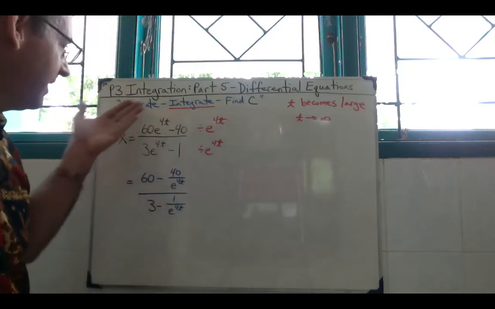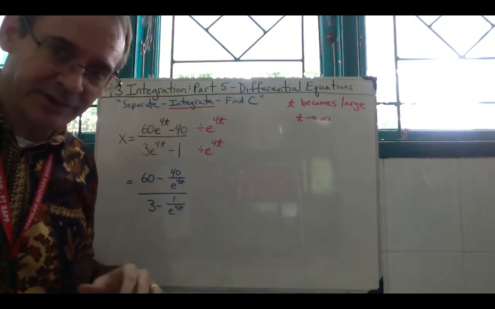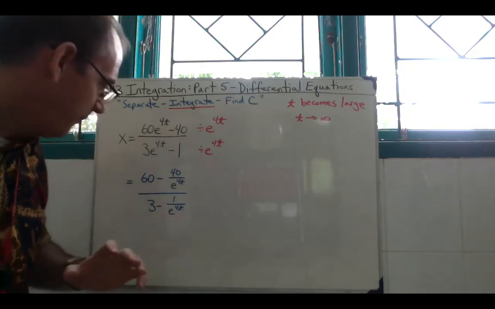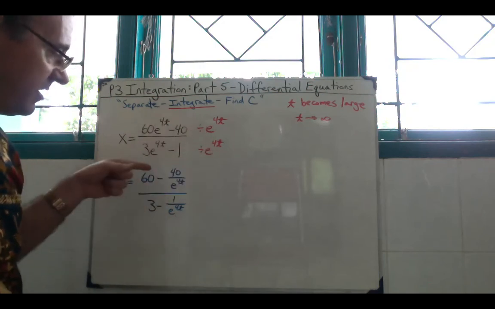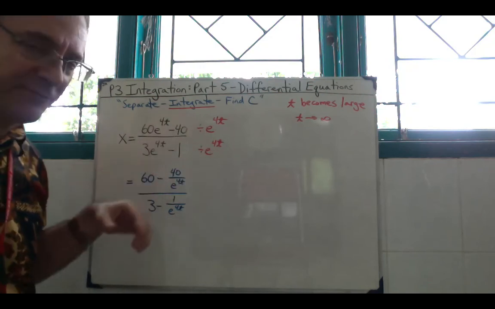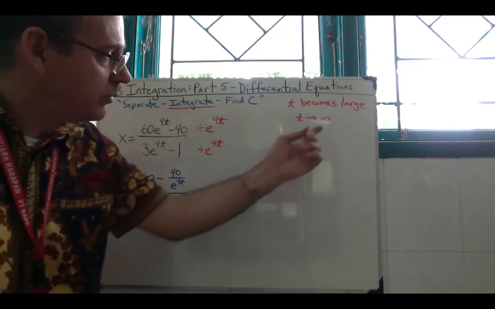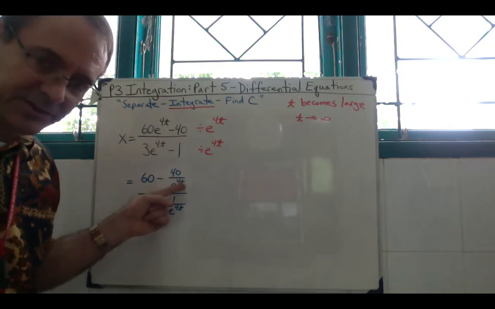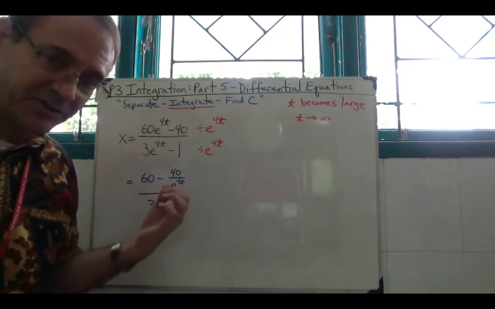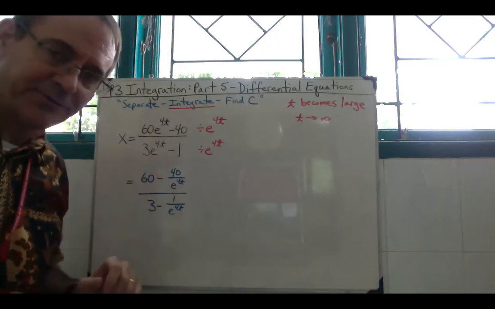When we plugged infinity into the earlier form, we ended up with infinity over infinity. Not helpful. When we divide everything by e^(4t) and push that variable into the denominator, what happens now when we plug in infinity? 4 times infinity is still infinity, e^infinity is still infinity, but now infinity is in the denominator of a fraction.